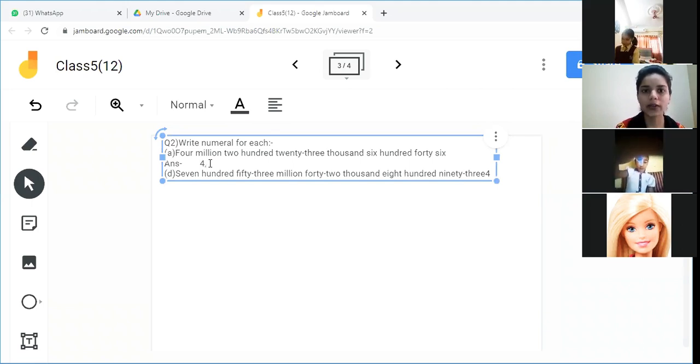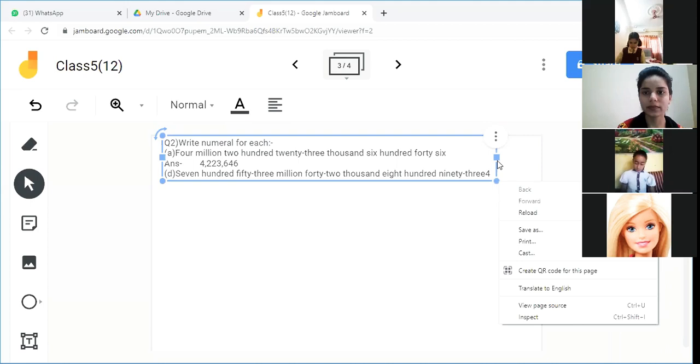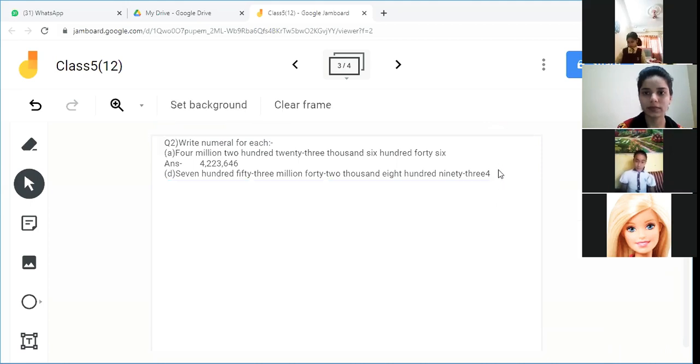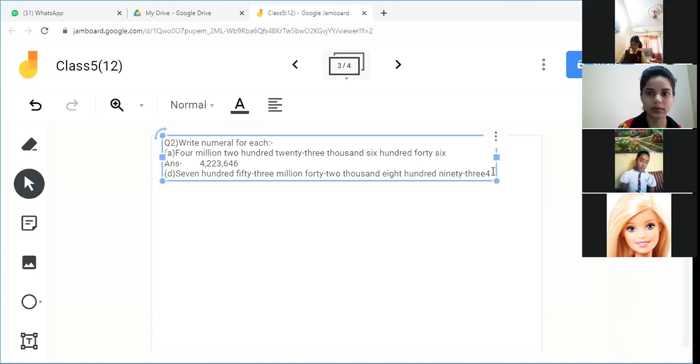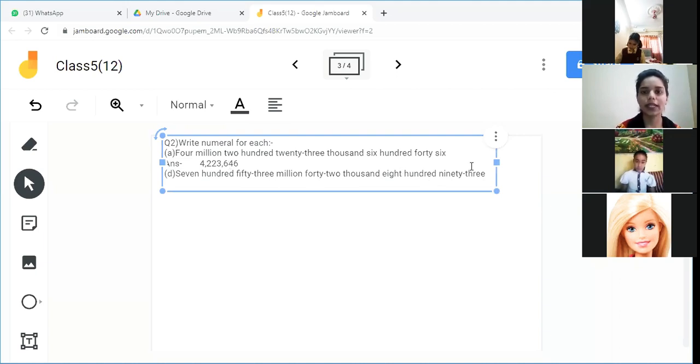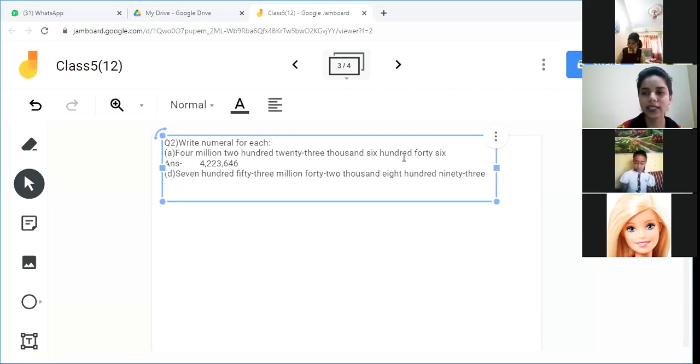Okay. 223,000, 646. So unit, tens, hundred, thousand, 10,000, 100,000, million. So 4,223,646. So in this way you can write. So in this way, children, you can write. Now the D part; B and C will be homework.